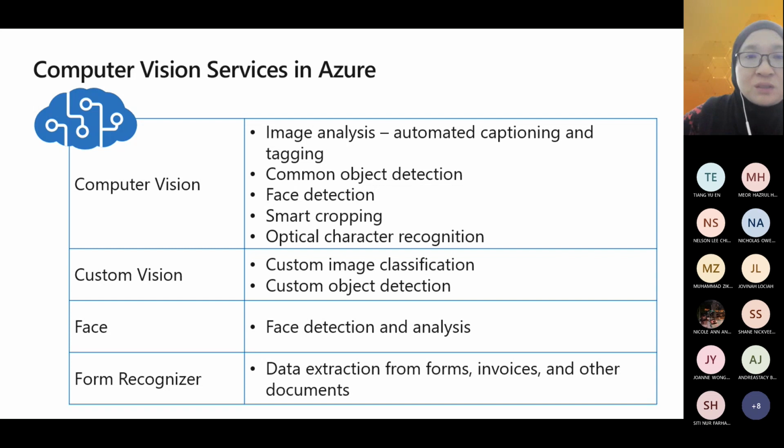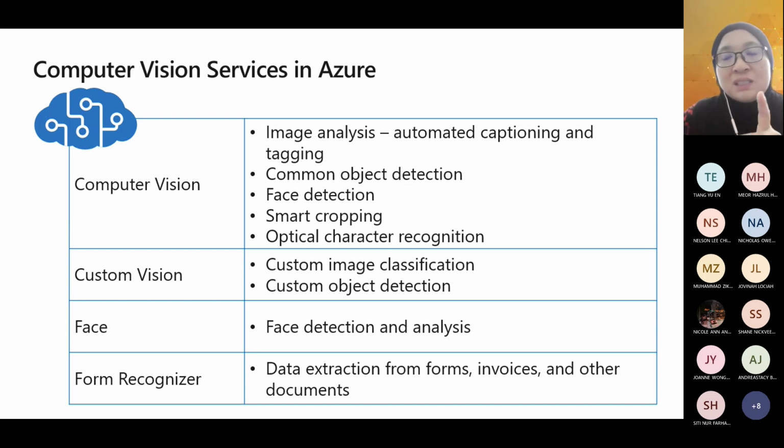Okay, you can have the computer vision, of course, it's a cloud-based artificial intelligence service. It allows developers, you as a developer, to integrate visual intelligence into applications without direct AI or data science skills, because you just apply the API.